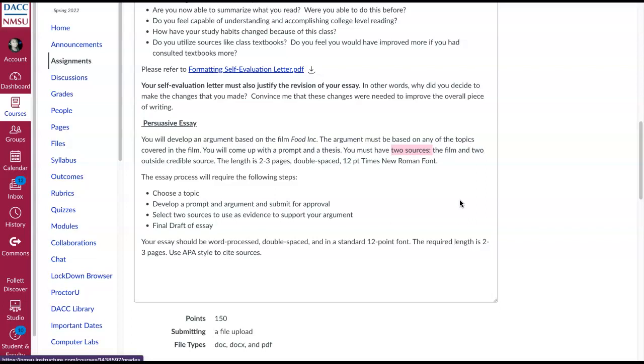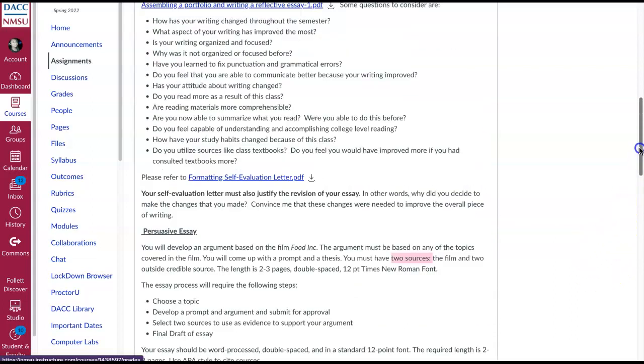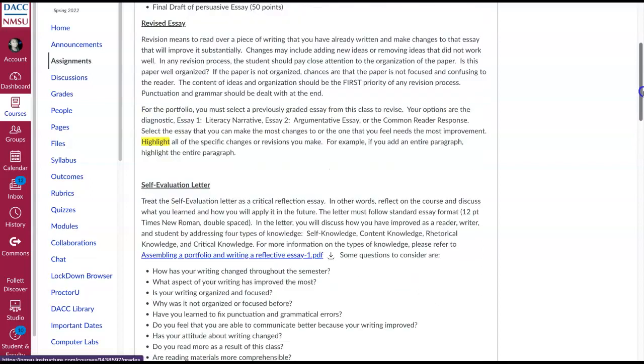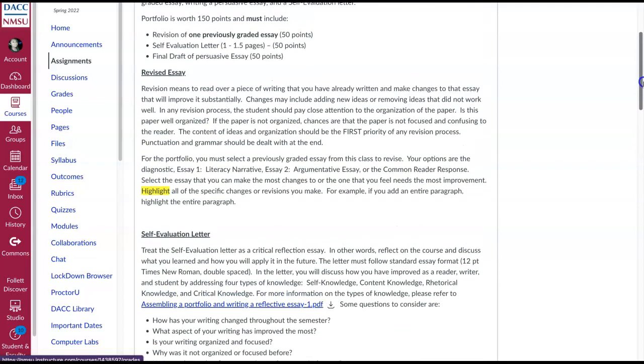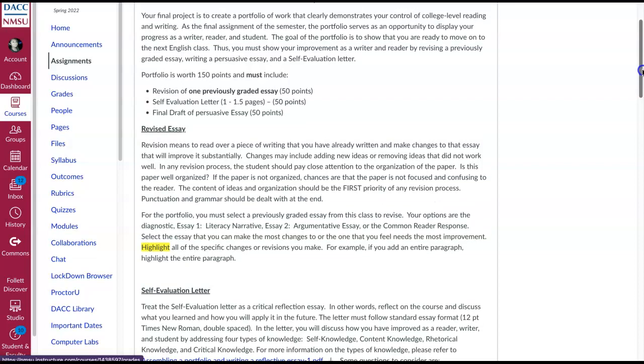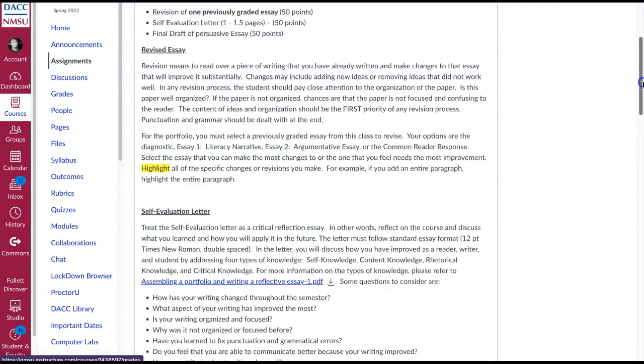Because for this essay, we're watching a movie, we're choosing a topic, we're learning about research, we're learning about citation. As you can see, that's why we have a little bit over a month to complete this, because it is going to be a process that's going to take us to the end of the semester. And you want to make sure that you complete every single component for the portfolio.